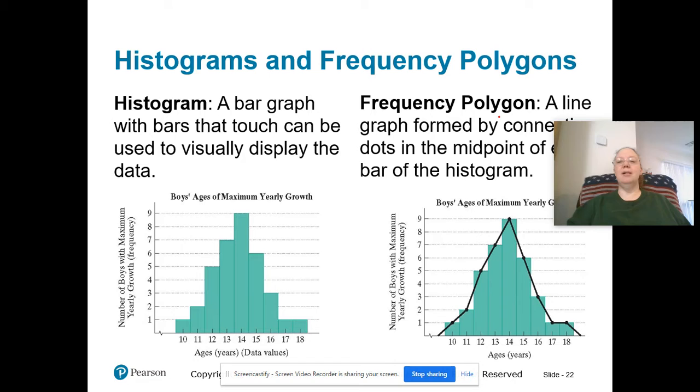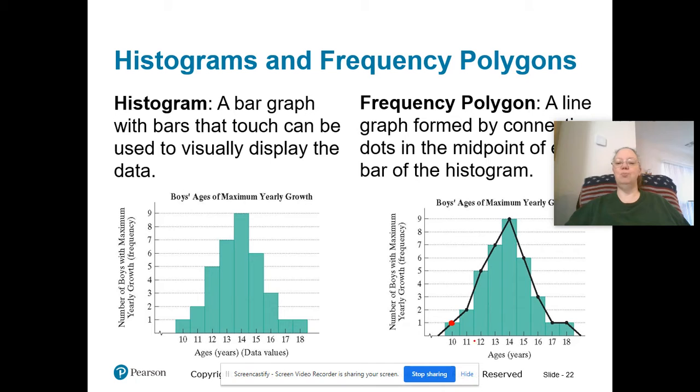A frequency polygon is a line graph where we take the frequency distribution. So there was one boy that achieved maximum growth in height at age 10, so we would put a point here.